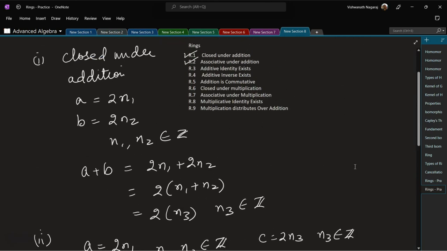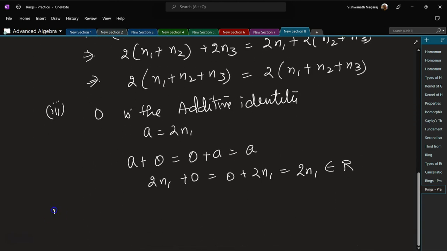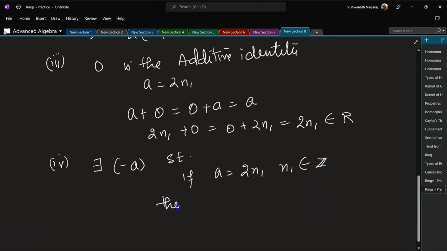additive identity also exists. Now additive inverse, again there exists minus A, such that if A is equal to 2n1, where n1 belongs to the set of integers, then minus A is equal to minus 2n1, and adding these two should give us the identity, which is 0.